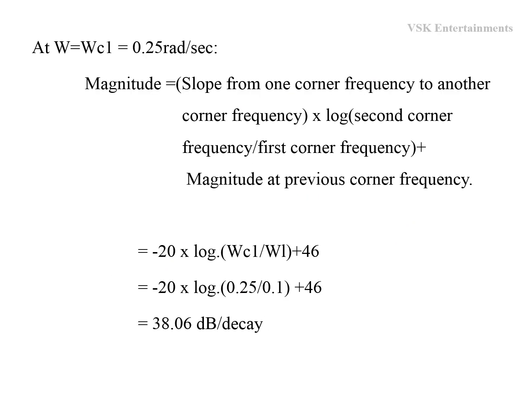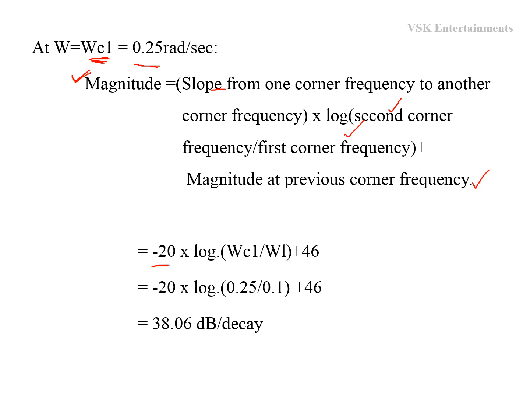Now go for the first corner frequency, that is omega is equal to omega C1, that is 0.25. The formula for magnitude is the same, that is slope from one corner frequency to another corner frequency into log of second corner frequency by first corner frequency plus magnitude at previous corner frequency. Here there is a slope from the lowest corner frequency to this first corner frequency, that is minus 20.